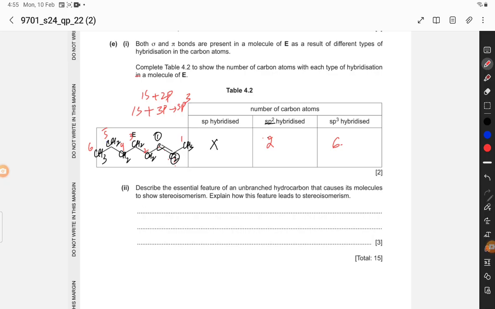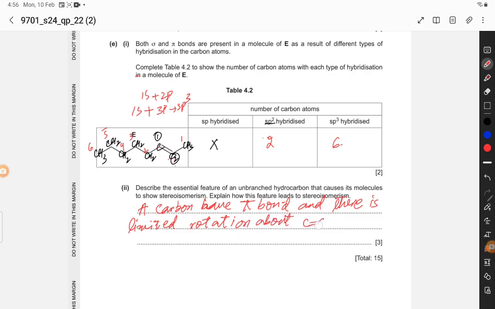So there is a carbon double bond, having a pi bond, and there is limited rotation about the carbon to carbon double bond.